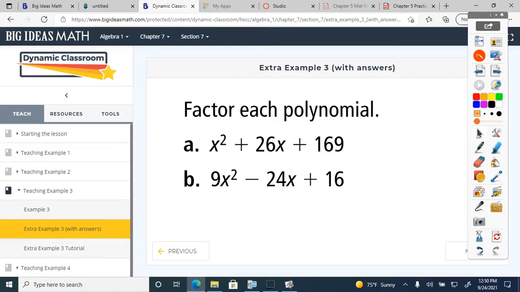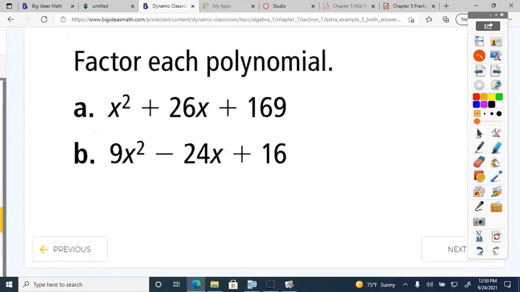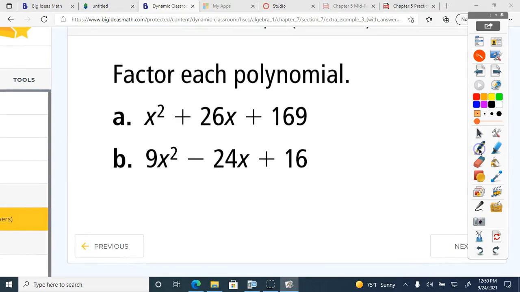Pretty quick and easy. A, two numbers that multiply to be 169 and add up to 26. 13 and 13.